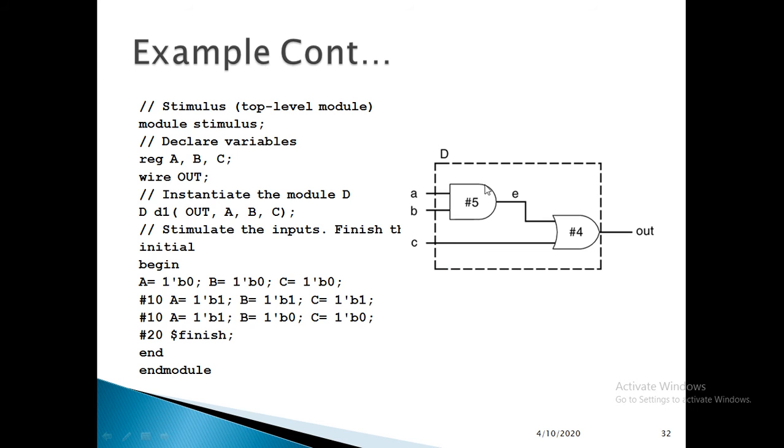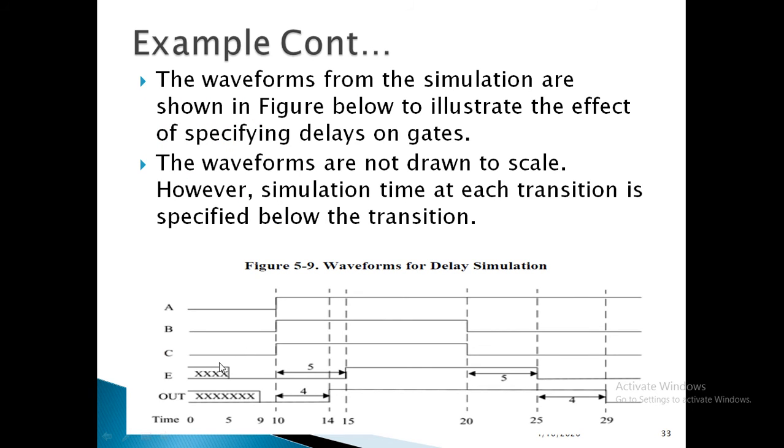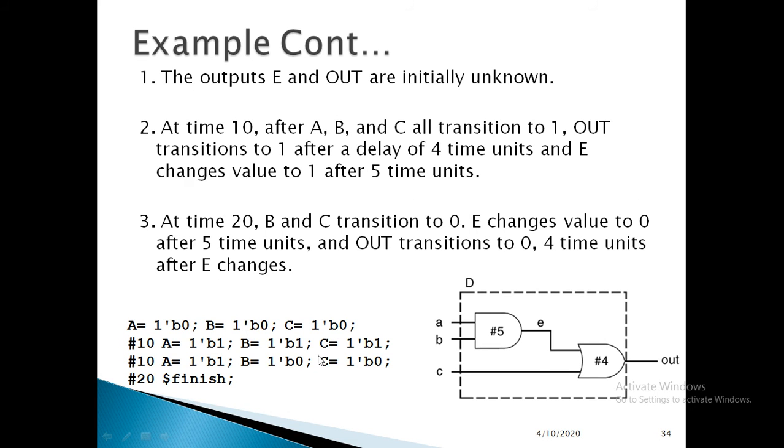Here you see that the E output will come after 5 time units. Up to 5 time units this is X, and here this is 4 time units and this is C.